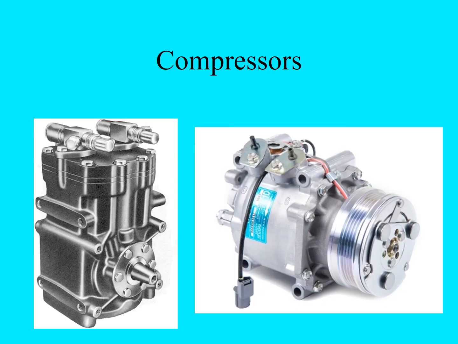Now, compressors, there's a variety of compressors out there. As you go through your Electude modules, they're going to highlight some of those. What's being shown here on the left-hand side is the early model. This was a 2-piston compressor that was used in early production.